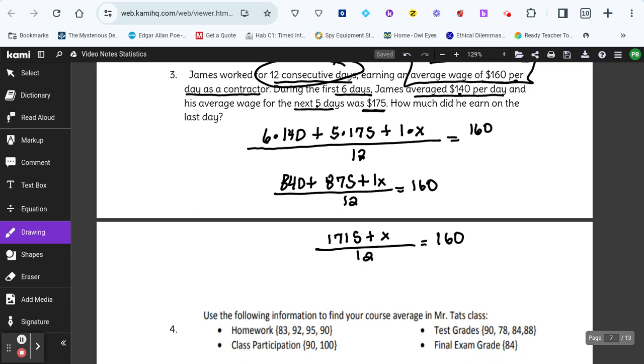First of all, I'm going to multiply 160 times 12 on this side and 160 times 12 on this side. These are going to cancel. So I end at 1715 plus x. And when I multiply 160 times 12, I get 1920. So now all I have to do is subtract that 1715 from both sides.